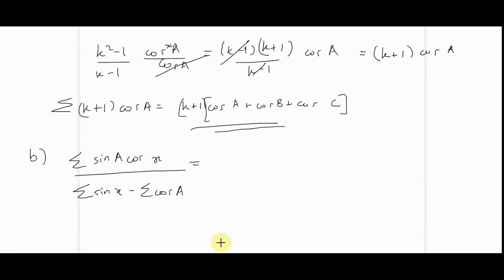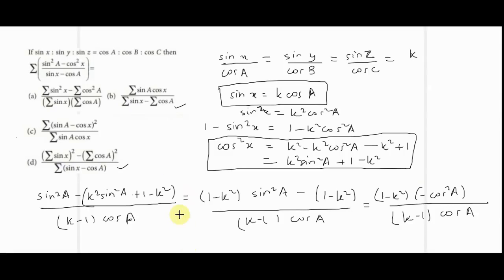In the numerator also we have cos x. So again we have the same problem. See what cos x is. Cos x is square root of k square sin square a plus 1 minus k square. Substituting this over here, there is no good way to sum over all that. So let's skip that option too now.